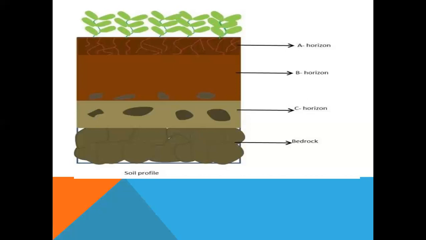It is also, we can say, the parent bedrock. It consists of weathered material which has not yet been subjected to the soil building processes. The last layer is the bedrock.